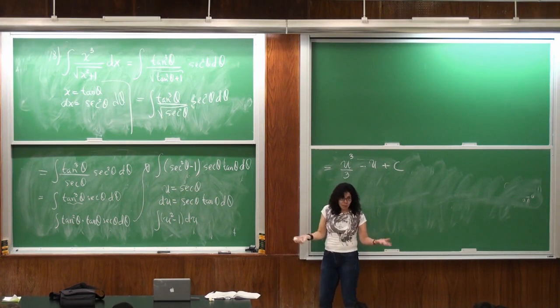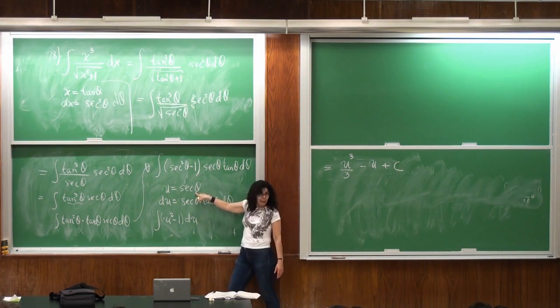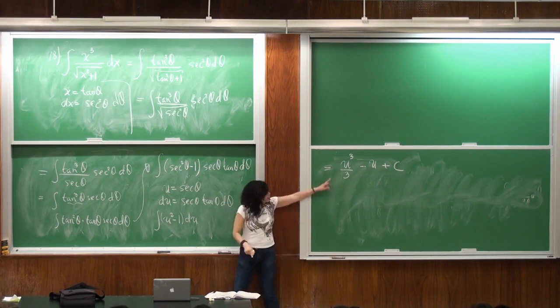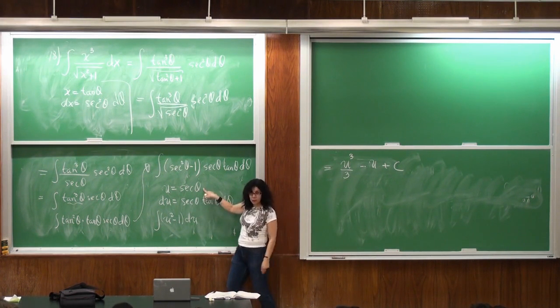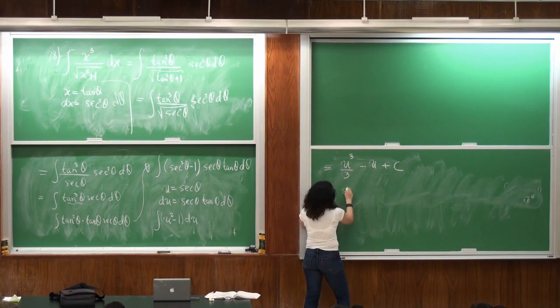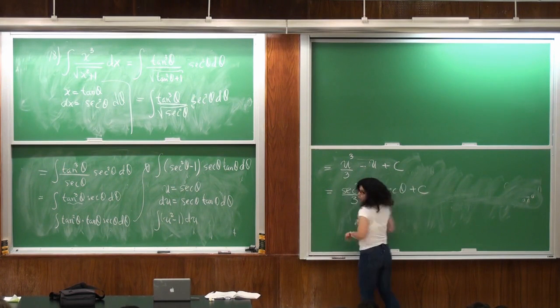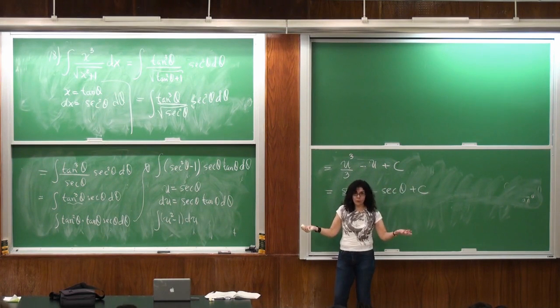But I'm not done, babies. I'm not done because u is secant of theta. Agree? So this has to be replaced by secant of theta. So go back here and we say this is equal to secant cubed of theta over 3 minus secant of theta plus c. Am I done now?